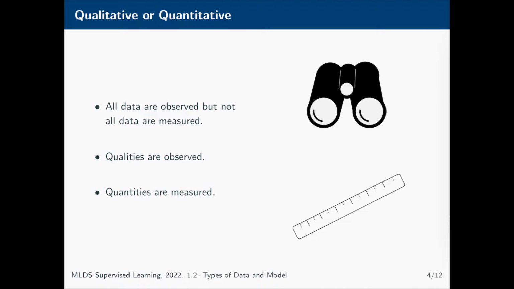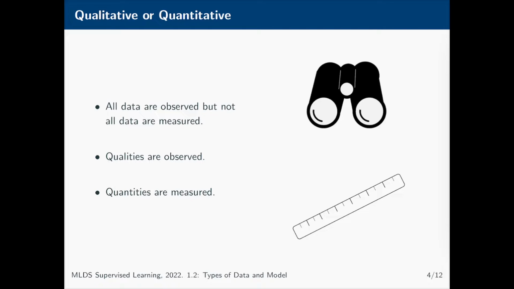So let's begin with different types of data and how we might want to refer to those. The first distinction that we might want to make about data is whether they are qualitative or quantitative. A good rule of thumb to separate between these is to notice that all data are observed in a certain way, but not all data are measured.